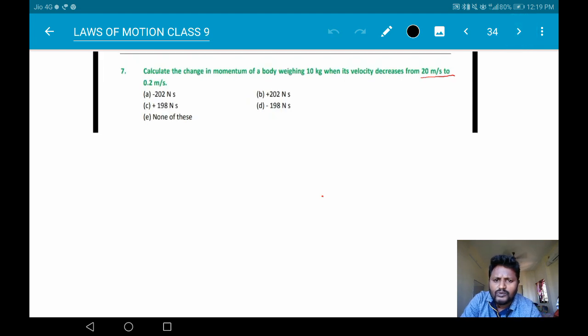Calculate the change in momentum of a body weighing 10 kg when its velocity decreases from 20 meter per second to 0.2 meter per second. So change in momentum equals mass into final velocity minus initial velocity. Mass is 10 kg, final velocity is 0.2 minus 20.